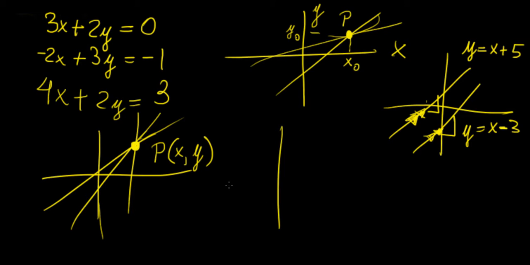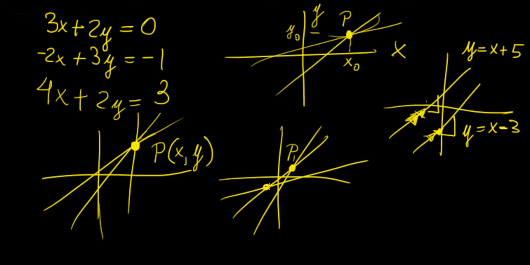Or you can have a situation like this in which two of the lines cross over at some point P1, but then the third line comes in and crosses the other two lines at two different points, let's say P2 and P3. So now you're going to have three sets of x and y values, but each of those sets is only going to solve two of the three equations at the same time.